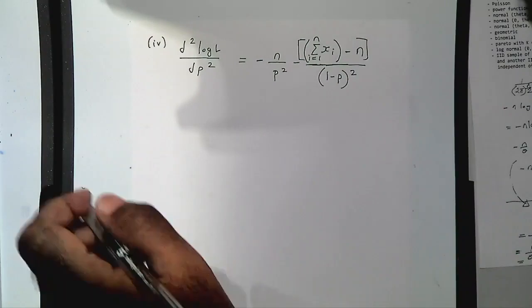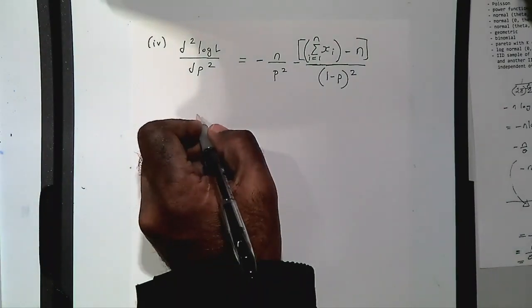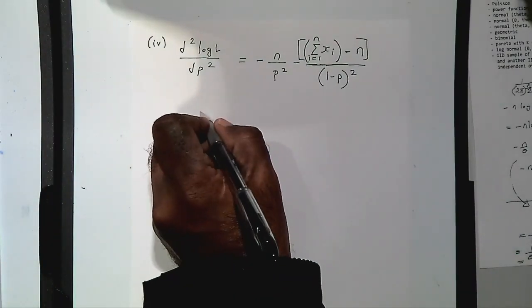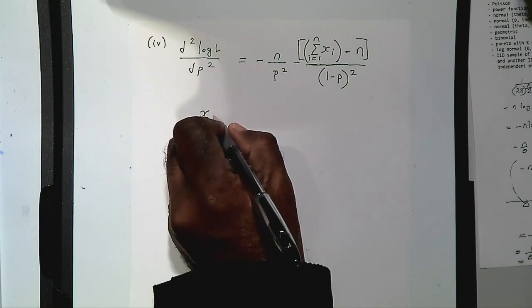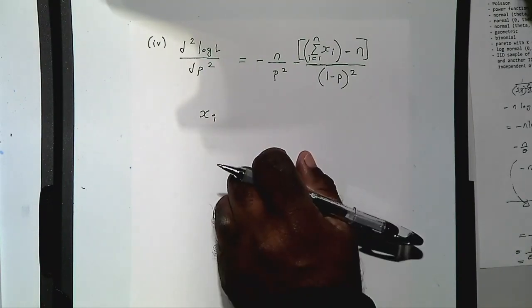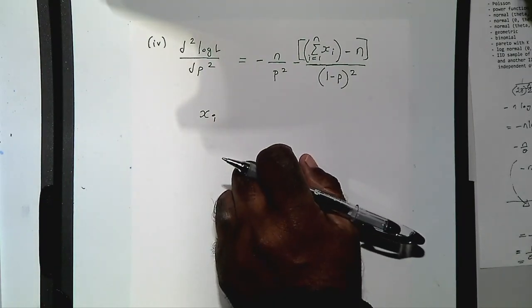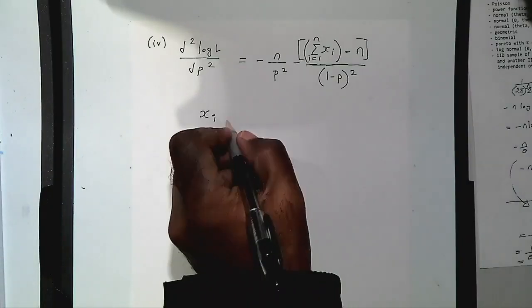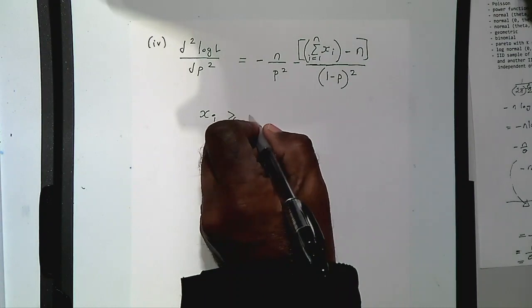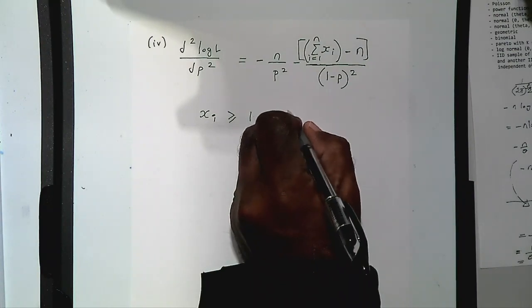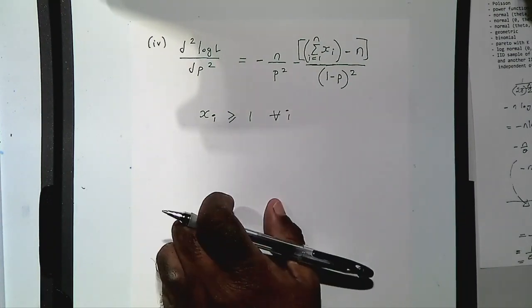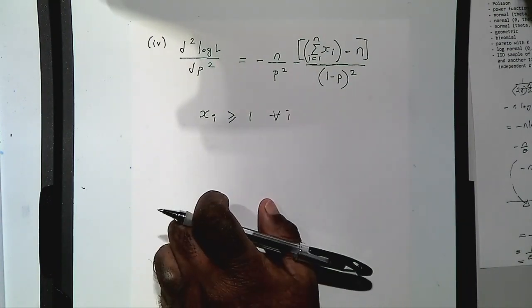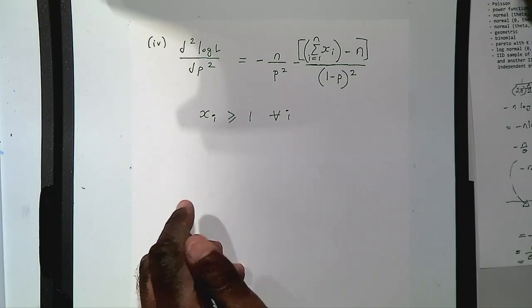No. Well, okay. Let me show you. What do you know about xi? Xi is a data from the geometric distribution, right? This is what I said here. Xi is from a geometric distribution. So xi by definition must be greater than or equal to 1. Okay?